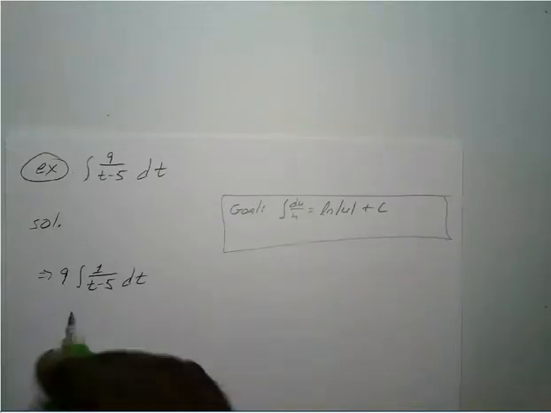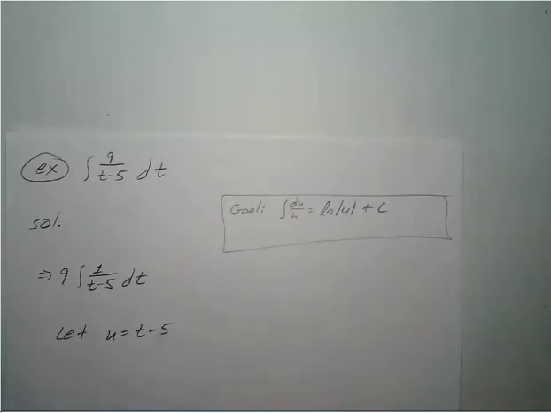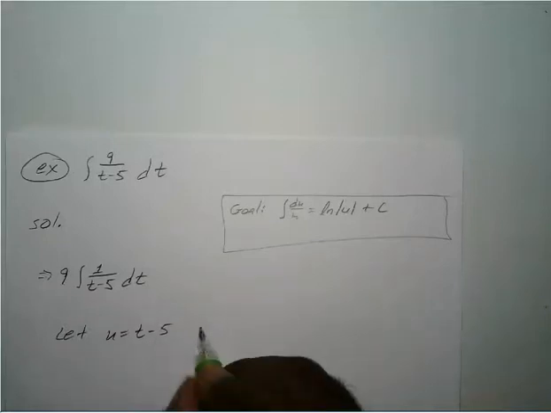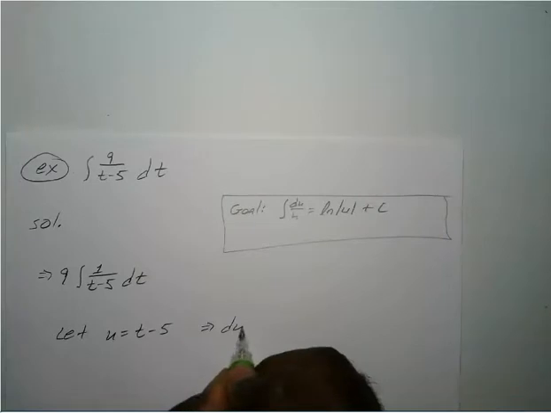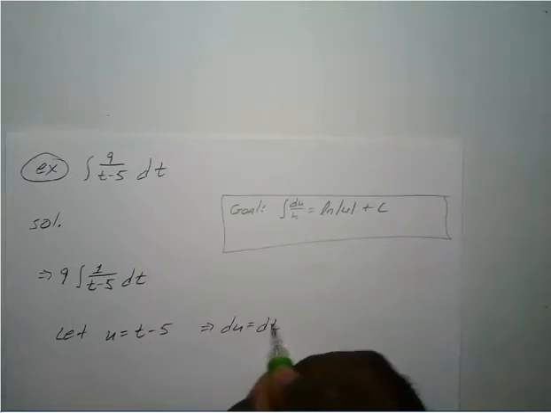Okay, so what if we let our u equal t minus 5? That means our du is just going to be 1 dt, or just dt.